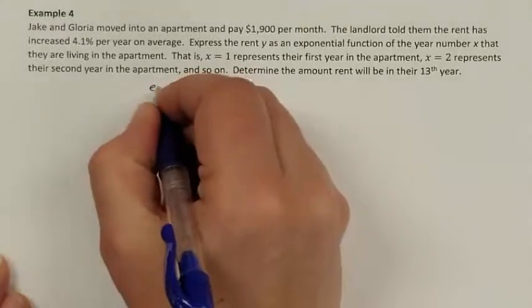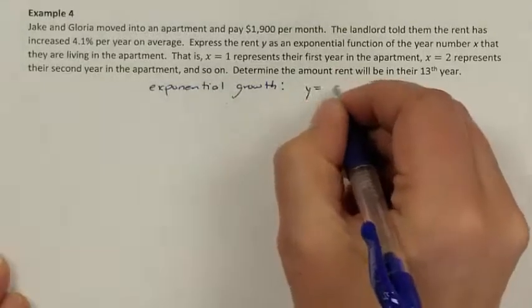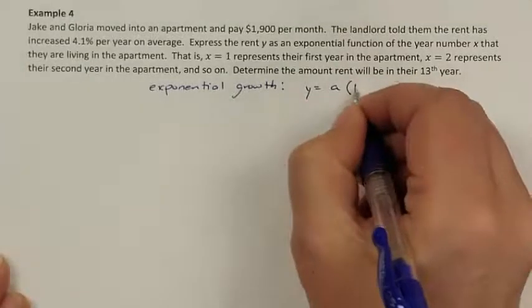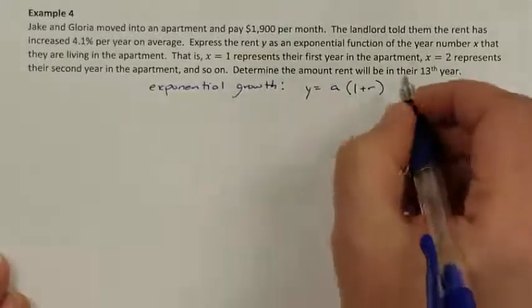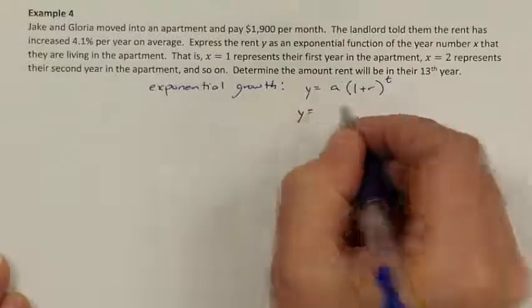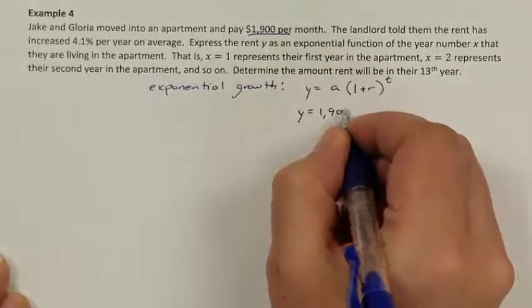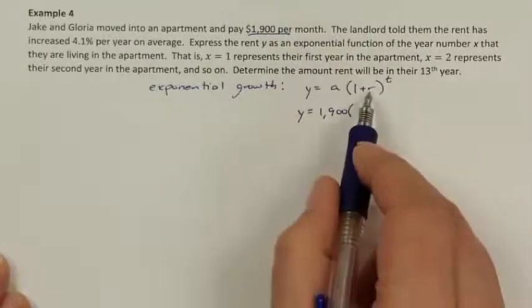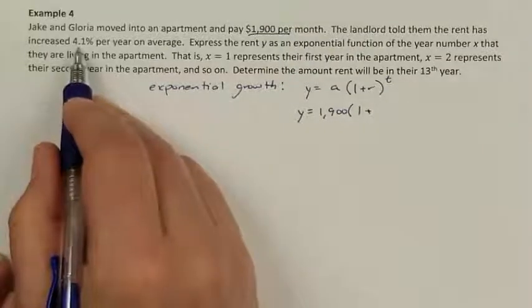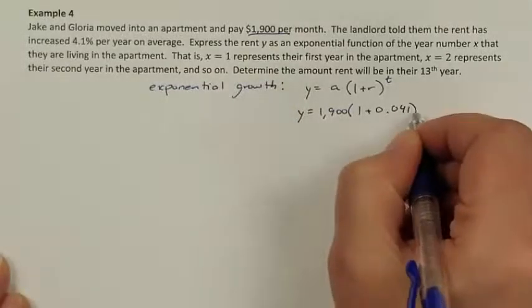If you remember from Algebra 1, you have an exponential growth formula, and that is Y equals your initial value, 1 plus your increase rate, and this is to the time of t. So we have Y equals our initial value, which is how much we have at the very beginning, 1,900. 1 plus, they told us our increase rate was 4.1%, but that needs to be a decimal, so 0.041.